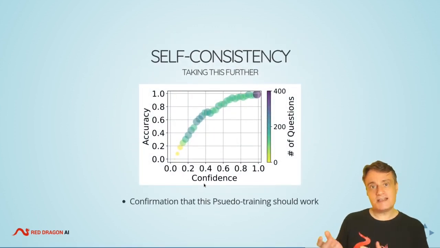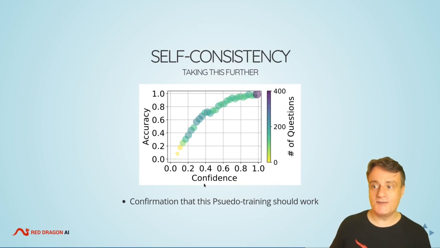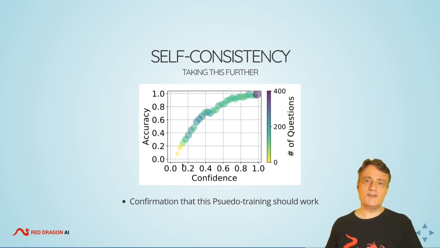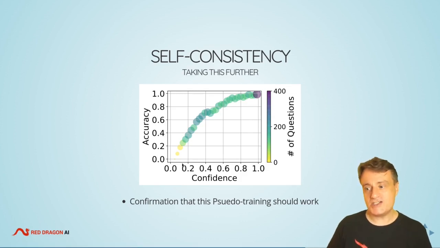Now, the reason that this kind of works is that one of the key elements of this is that we actually find that the more right the models are, the more confident they are.